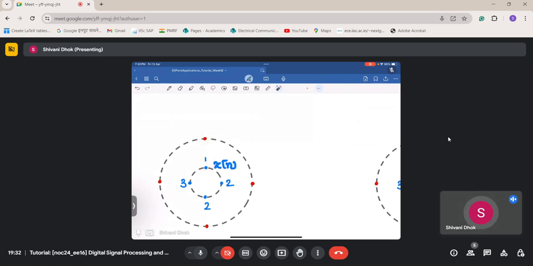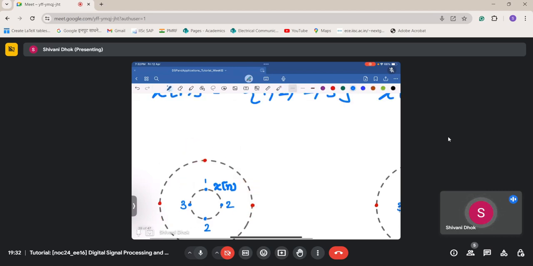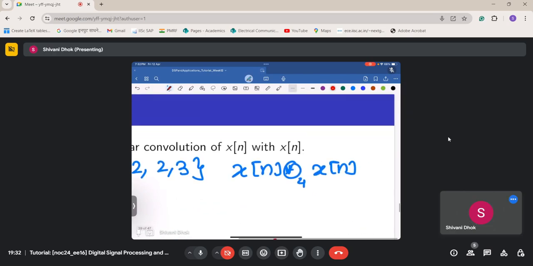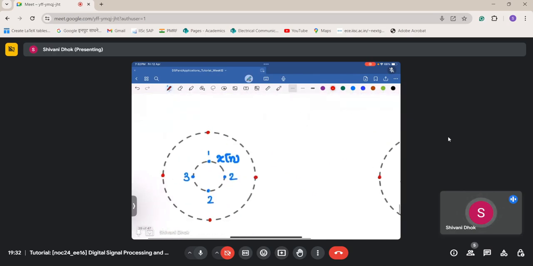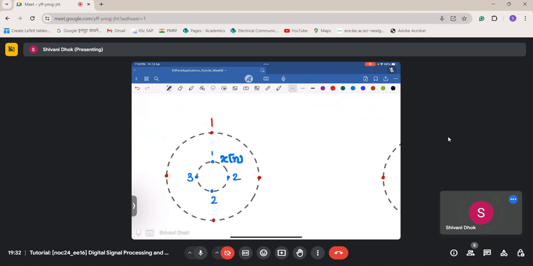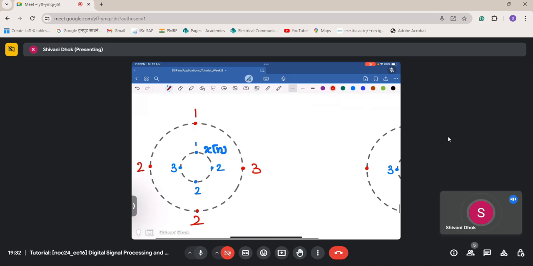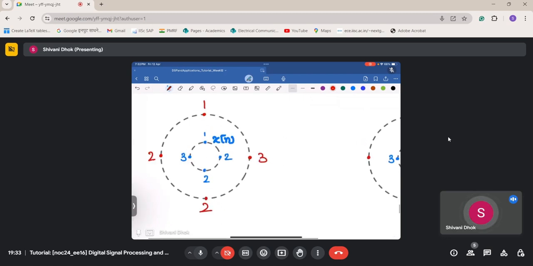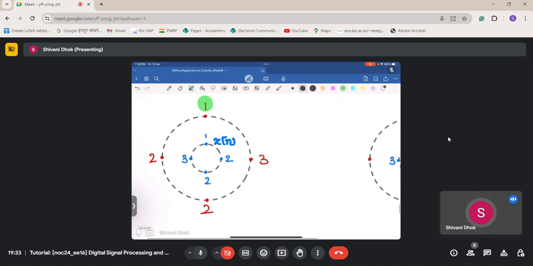Since I have arranged x of n in the increasing direction of n, now I'll arrange the other signal in the opposite direction. Here my h of n is equal to x of n, so I'll arrange it like this: 1 2 2 3, in the opposite direction. Then I'll multiply element by element and add.